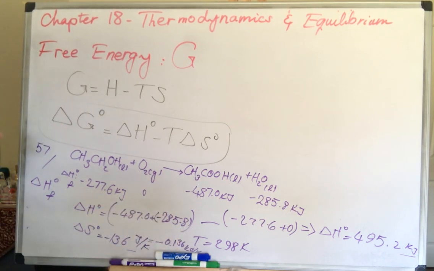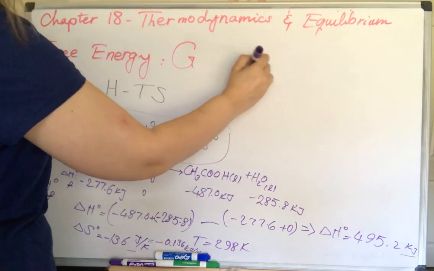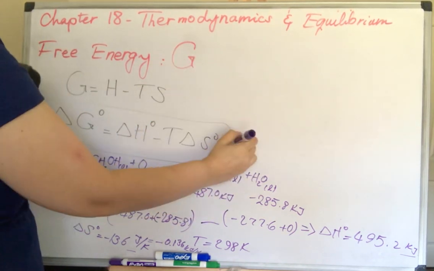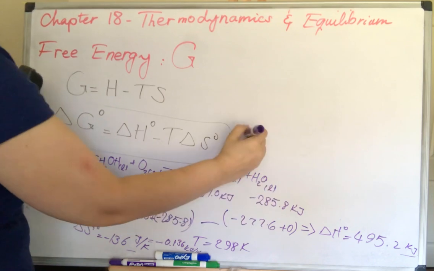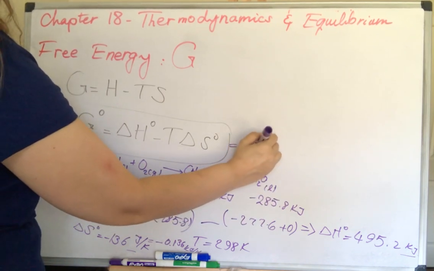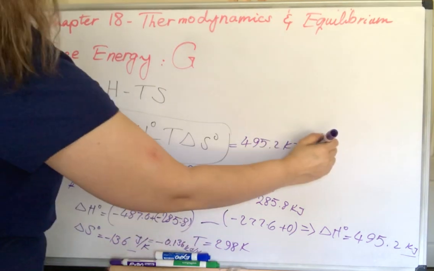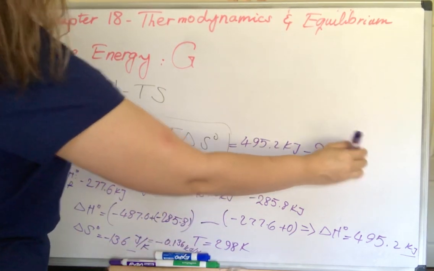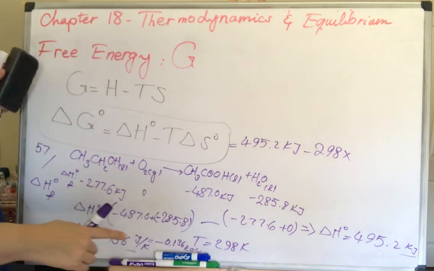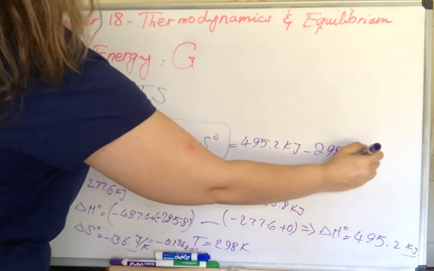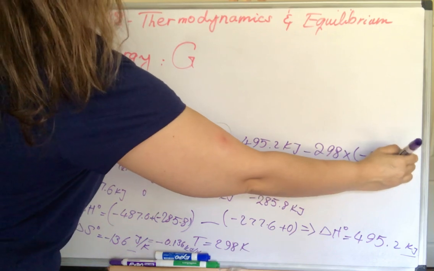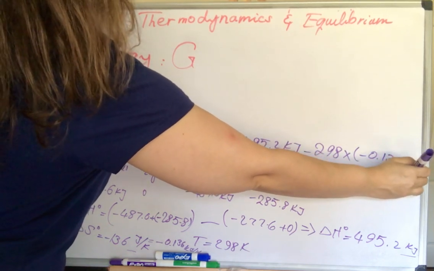Okay, so now from this formula, delta G standard is delta H, 495.2 kilojoules, minus T, which is 298 Kelvin, times minus 0.136 kilojoules per Kelvin.